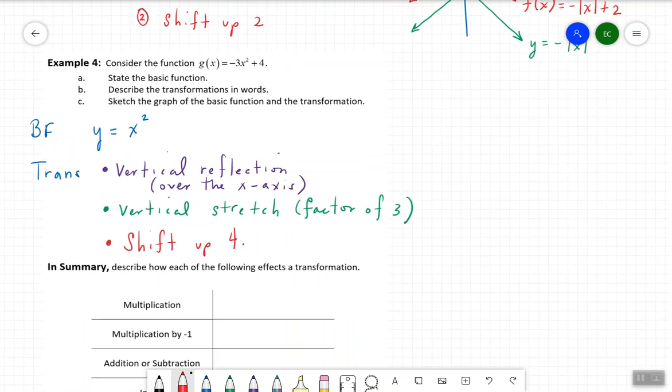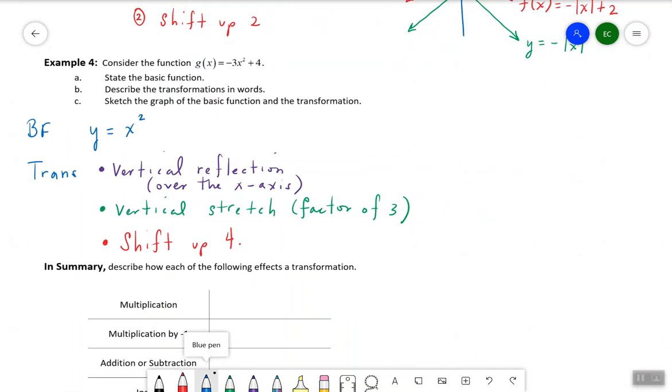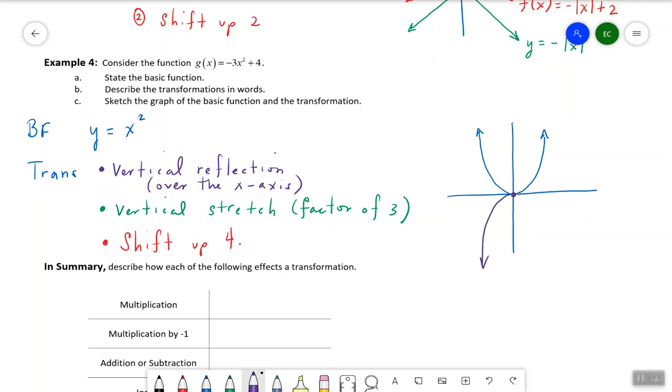So let's go to it. We'll start with the basic function y equals x squared. And then we'll reflect over the x-axis.